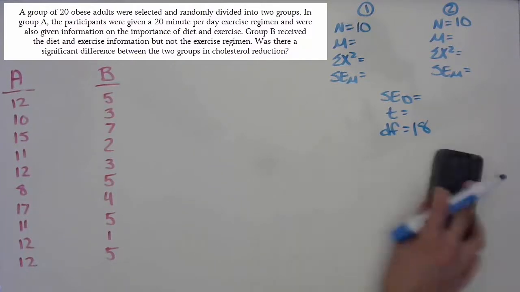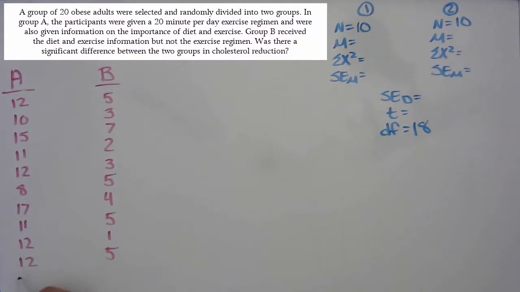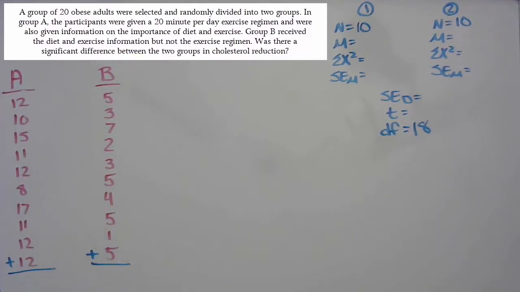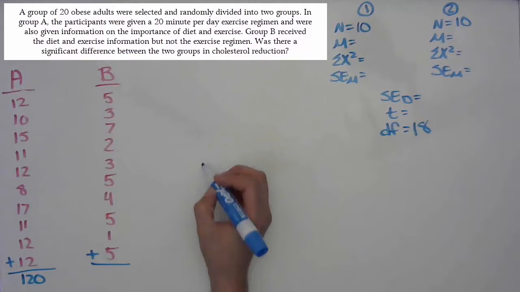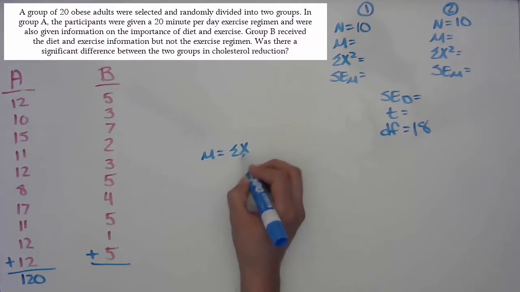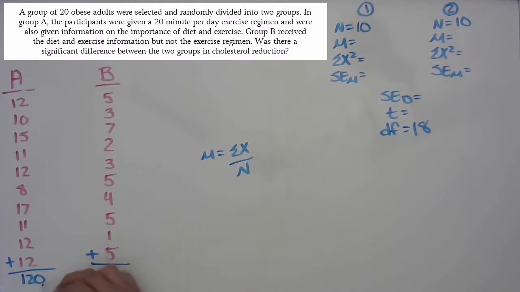All right, let's go ahead and figure out the mean. Okay, so we're just going to add these together. So when we add all of the numbers for column A together, that is going to give us a value of 120. Now to find the mean, we divide. So this is our ΣX value.